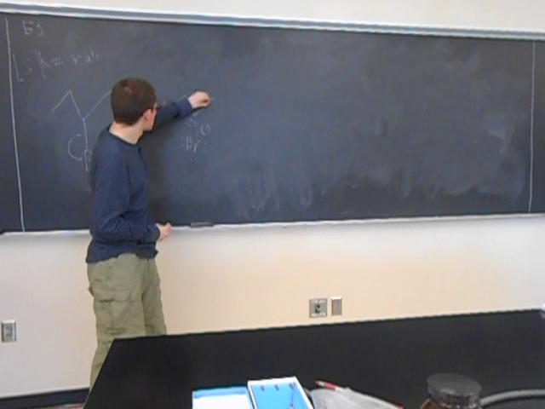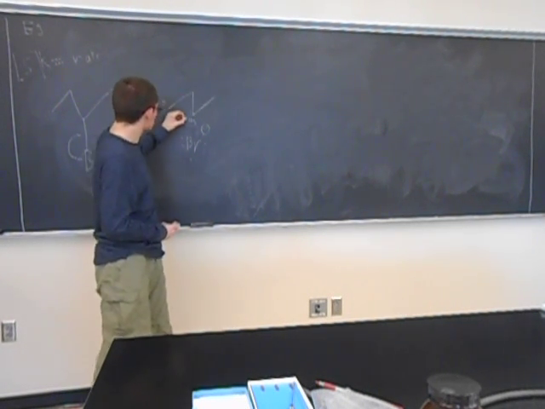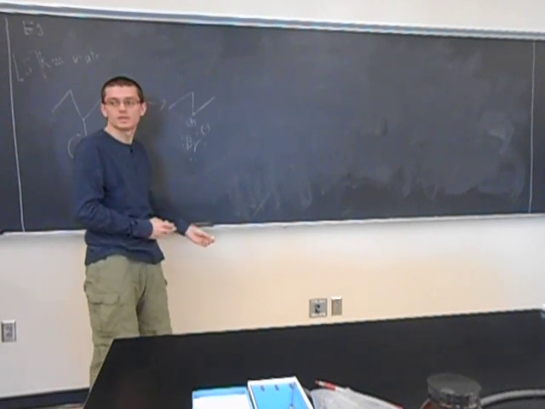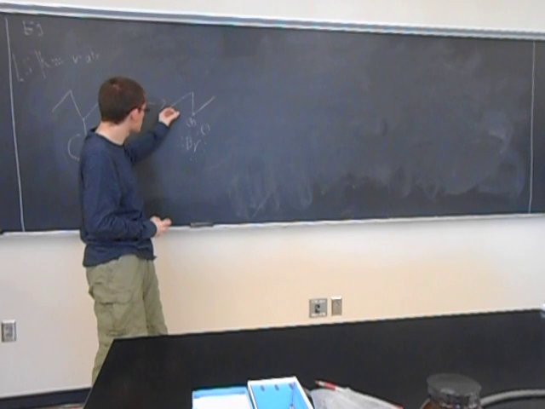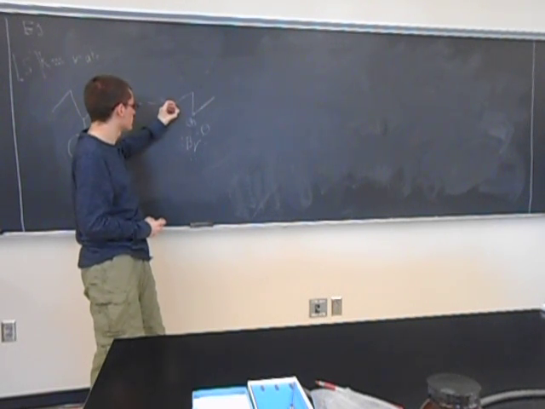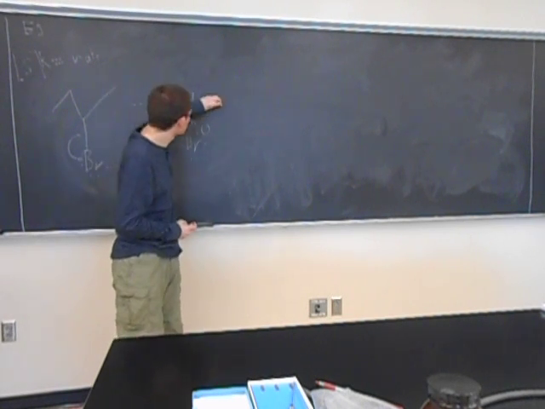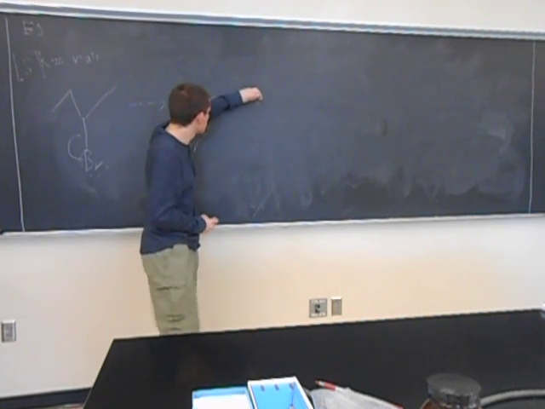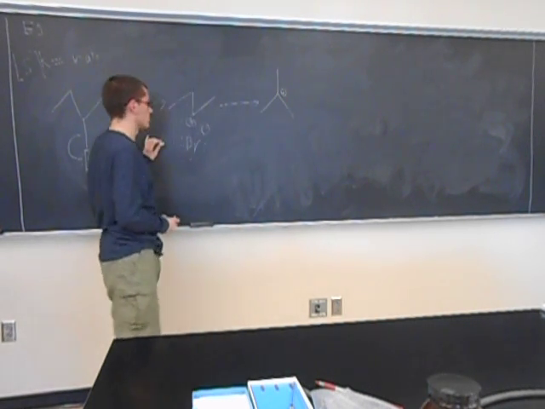Now, because this is a non-concerted reaction and is going to form in multiple steps, we do risk rearrangement here. As a secondary carbocation is less stable than a tertiary carbocation, we will likely form a tertiary carbocation through a methyl shift in this example.